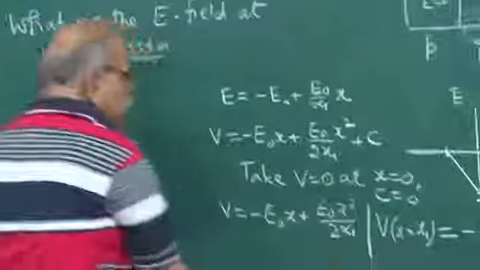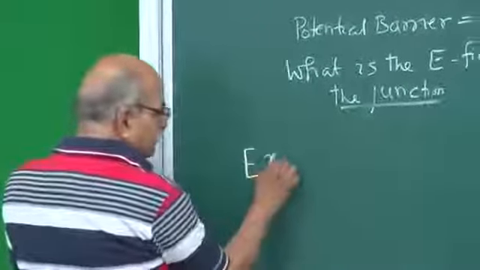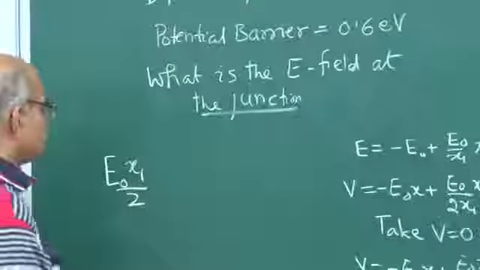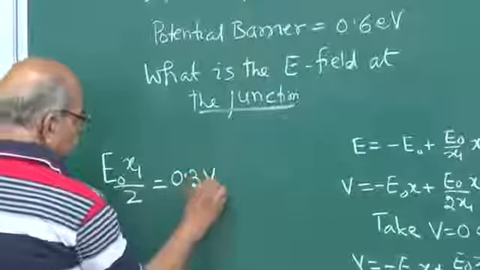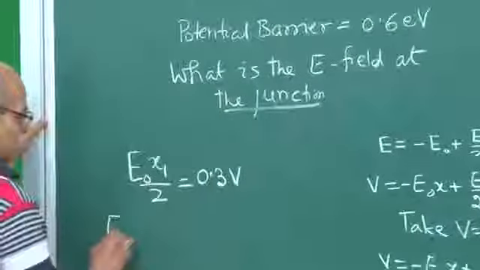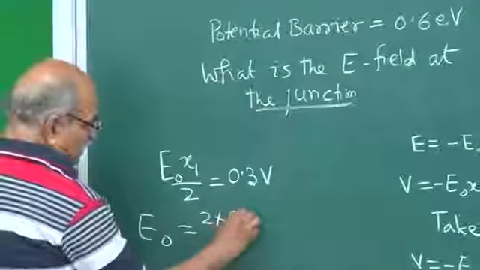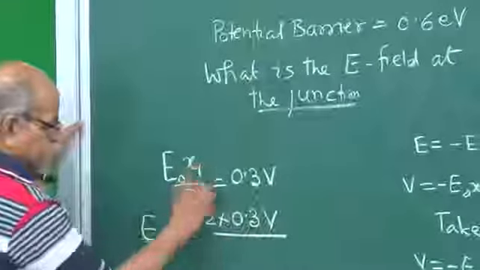So this E naught x1 by 2, the potential difference from the junction to the end of the barrier, should be 0.3 volts. From here you can get E naught, 2 into 0.3 volts, divided by x1.